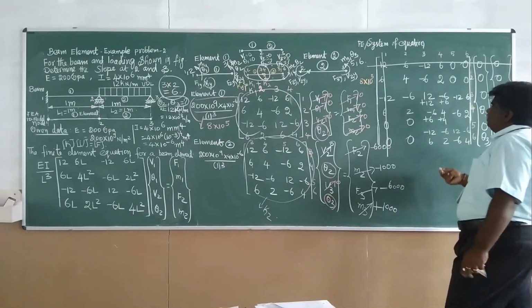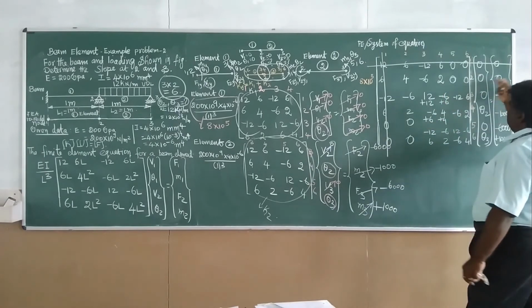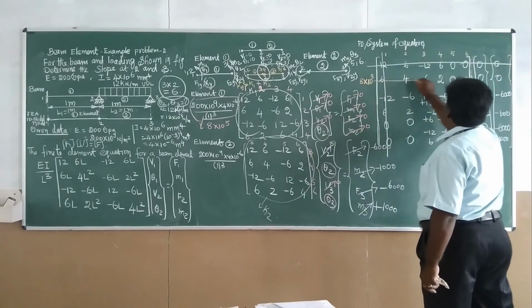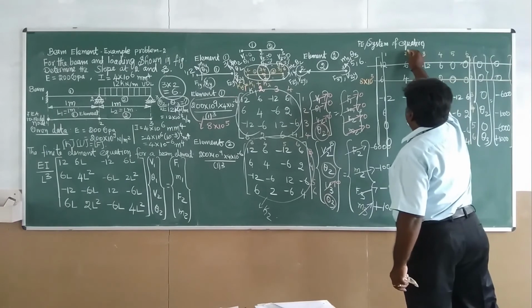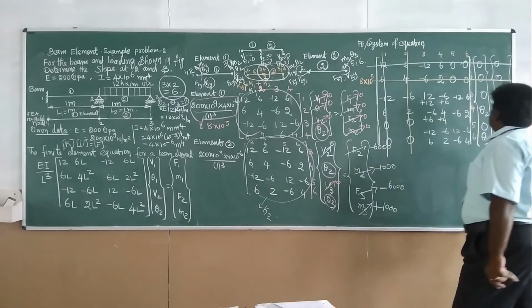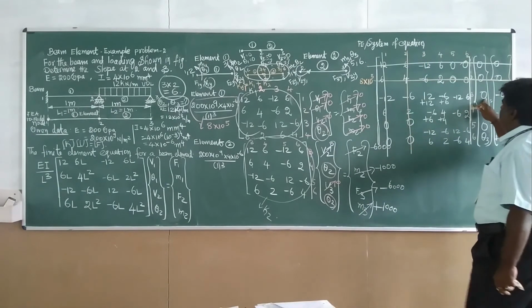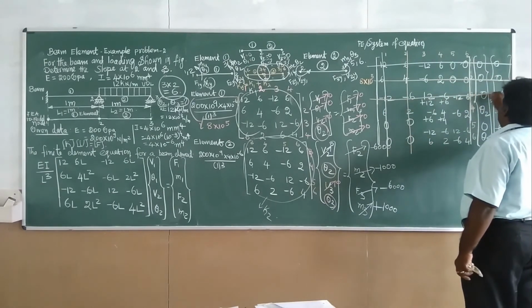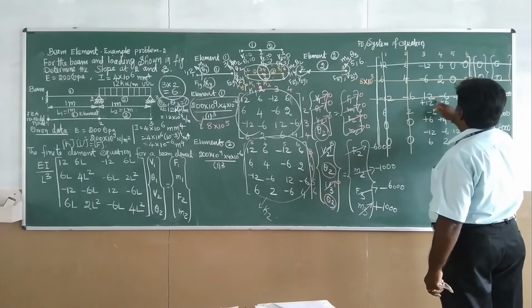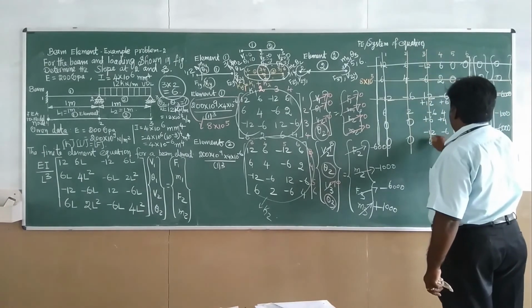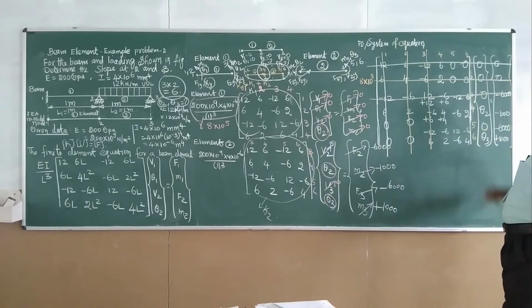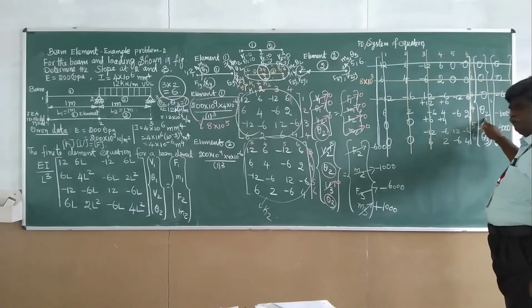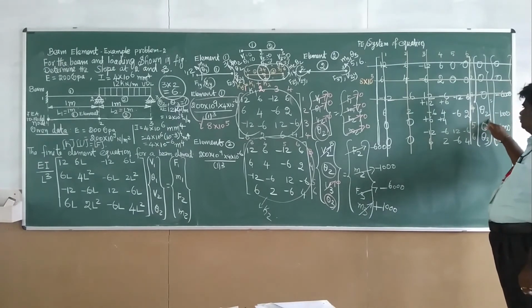Similarly, second row and second column we can eliminate. Then similarly, the third row and third column we can eliminate. Then fourth one is we have to determine the slope at 2.